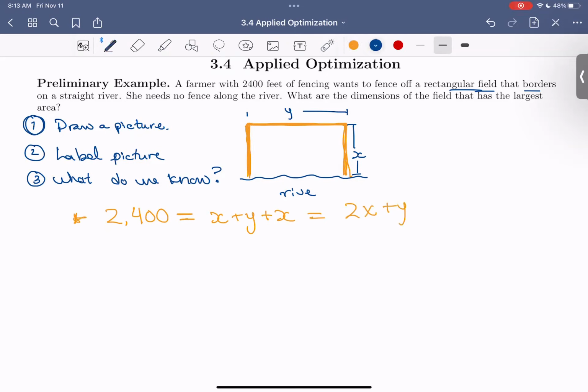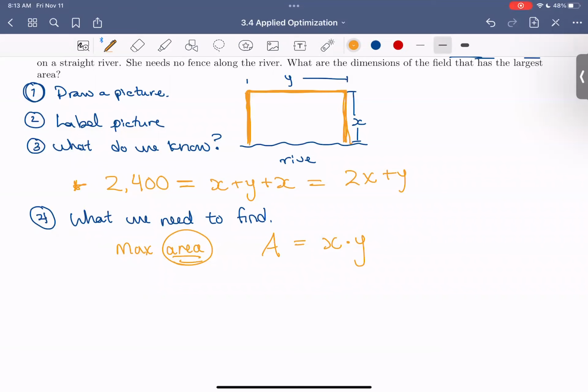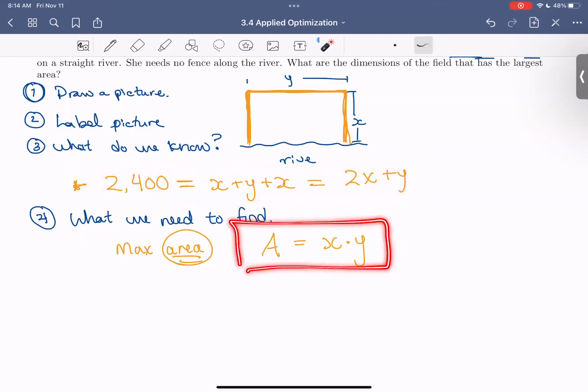So we know that. Now step 4 is to identify what we need to find. We want to find the maximum area. Well, how do we write the area of this field? Area is equal to X times Y. So we have a really good setup so far. We've drawn the picture, we've identified what is given, and we've identified what we want to optimize, area.